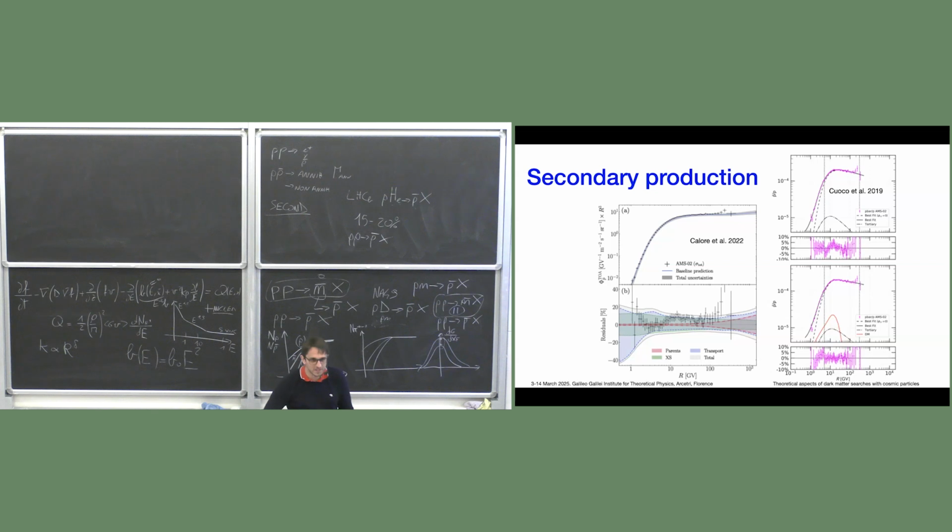So it's very, very difficult to change the propagation or the cross section in order to add a bump-like feature here. Okay? So typically when you have bump-like features, it's very, very easy to fit them with dark matter. It's more difficult to fit a bump by changing propagation parameters or cross-section parameterizations.